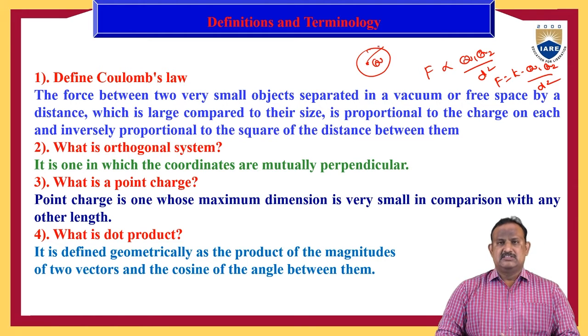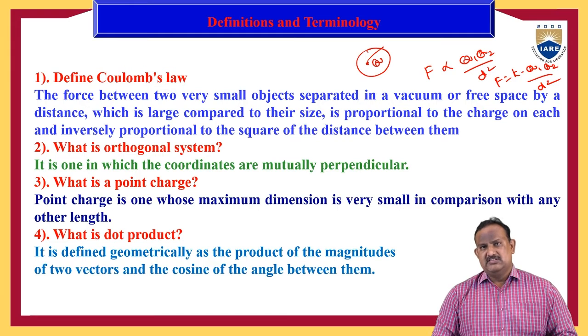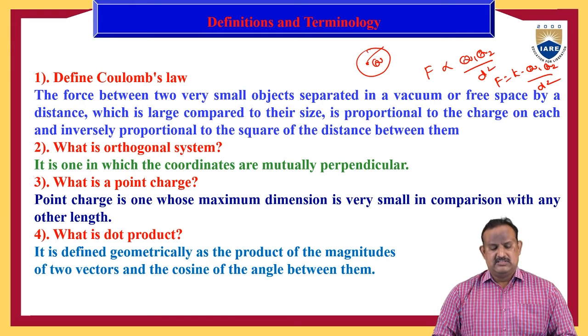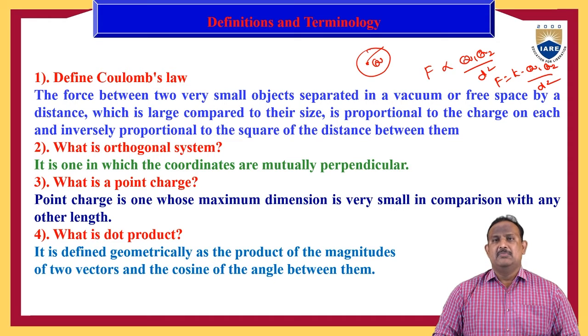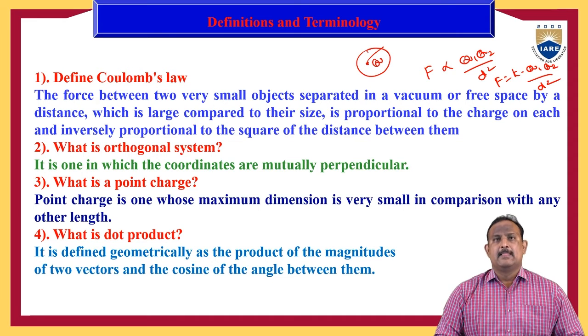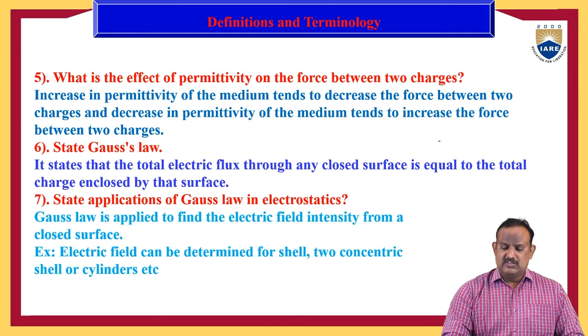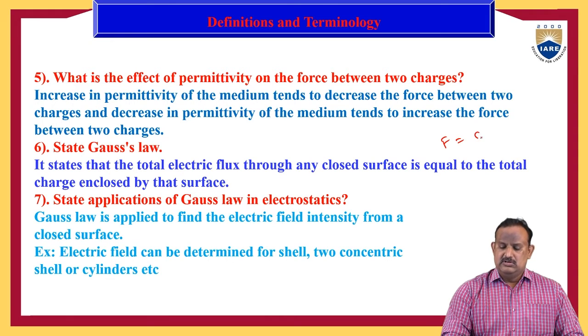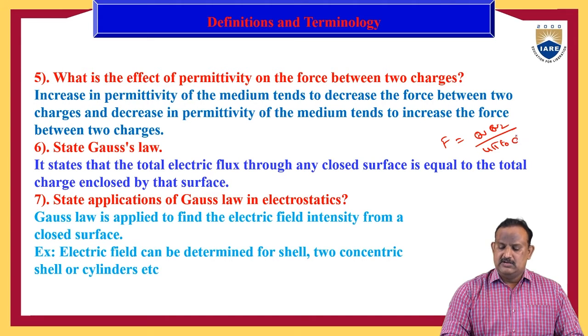So what is dot product? It is defined geometrically as a product of the magnitudes of two vectors and the cosine of the angle between them. So what is the effect of permittivity on the force between the two charges? We have the formula force F is equal to Q1 Q2 by 4 pi epsilon naught d square.